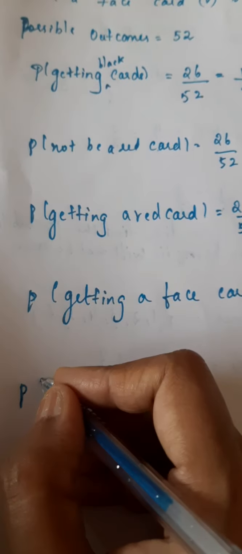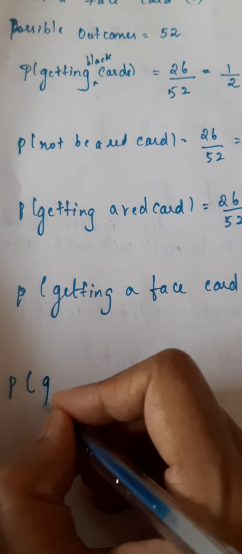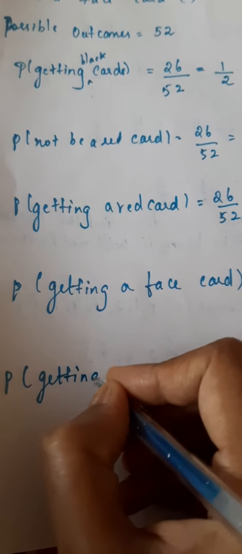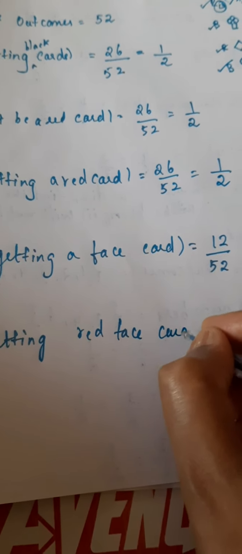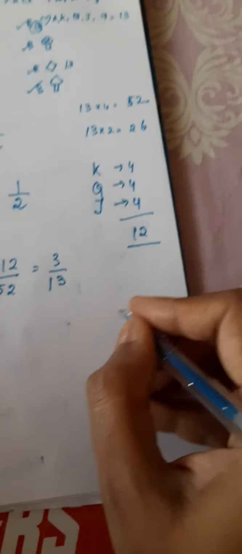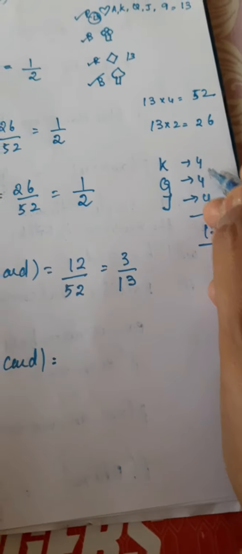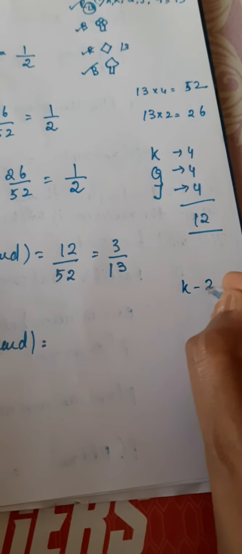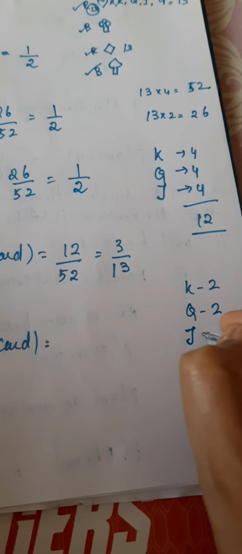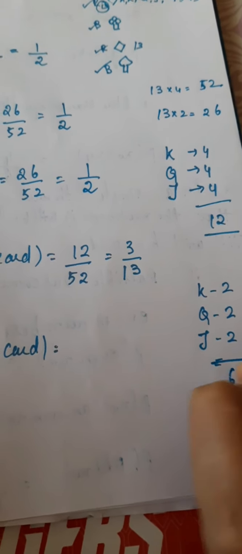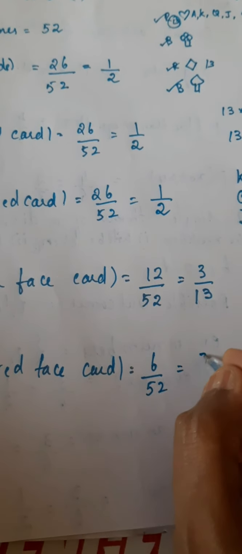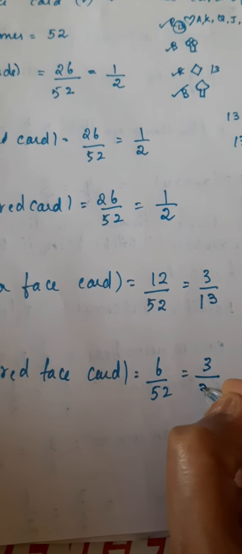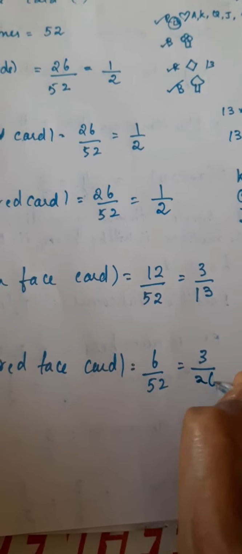Next, the probability of getting red face cards. So that's again king, queen and jack, but only for the reds. So 2 kings, 2 queens, 2 jacks, and it comes up to a total of 6. So 6 by 52, which on further simplifying, you get 3 by 26.